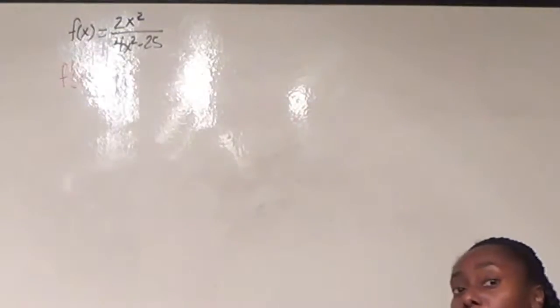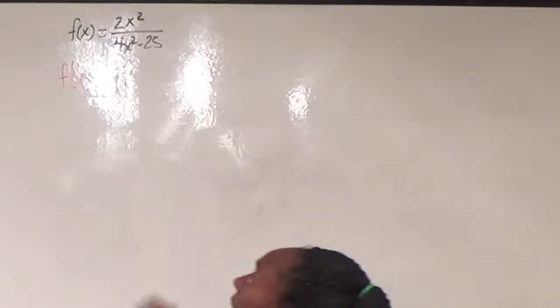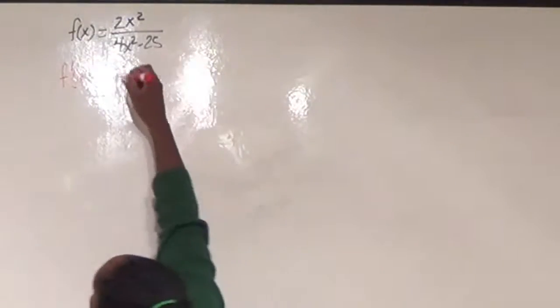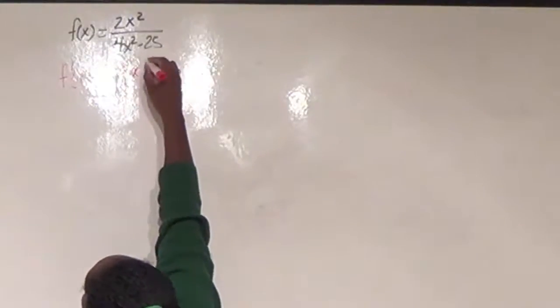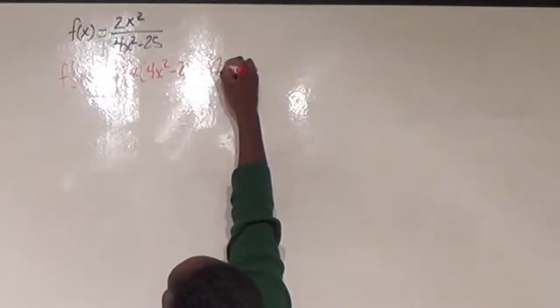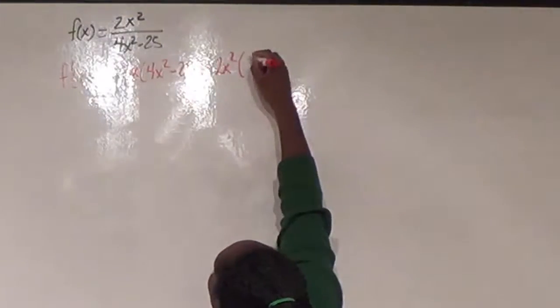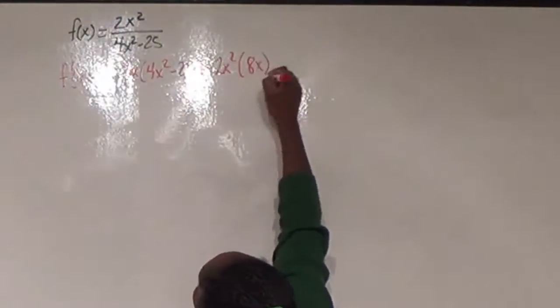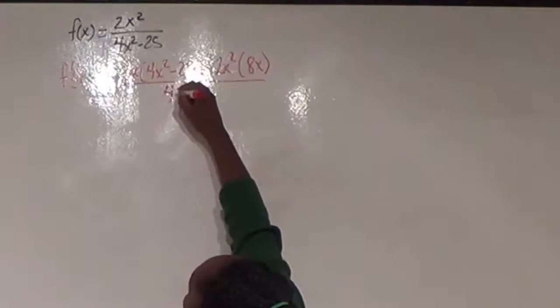So again, we'll start with the derivative. In this case, we're looking at a quotient rule. So derivative of the top times the bottom minus the top times the derivative of the bottom, all over bottom squared.